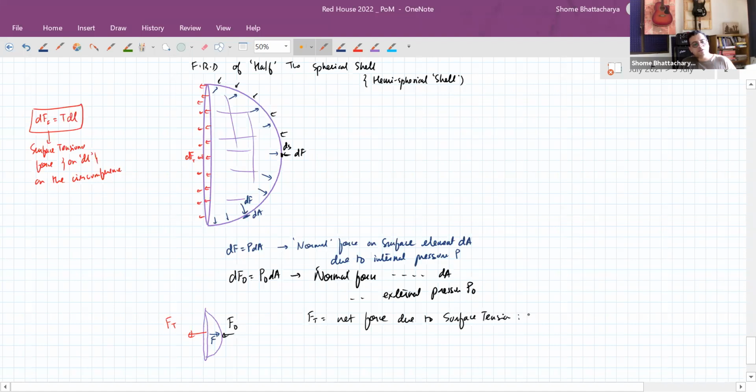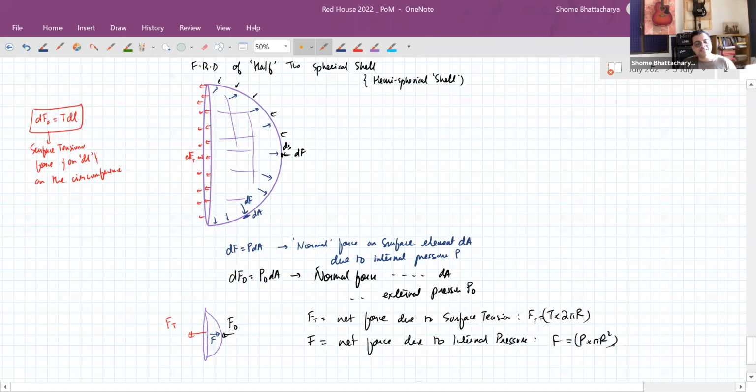Okay. So that will be surface tension into 2 pi r. That's very easy to understand because all of them are acting parallelly in the tangential direction. So dl integrated over that full circumference gives us 2 pi r. Okay. And F is the net force due to internal pressure. Now this is the one that we'll have to show by another separate derivation, that it will be equal to P into pi r square.